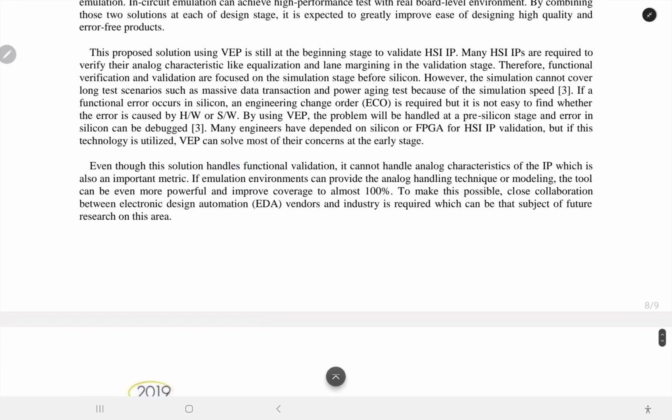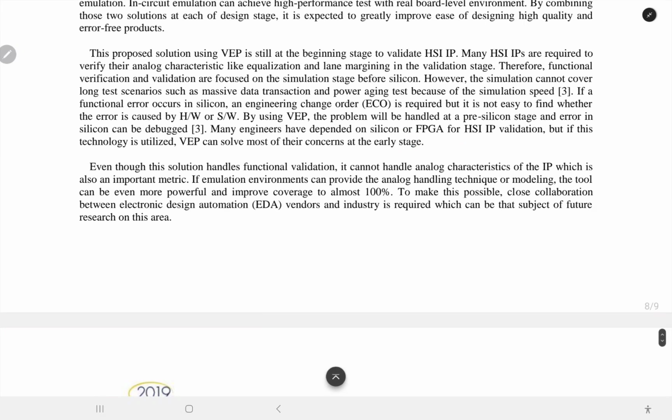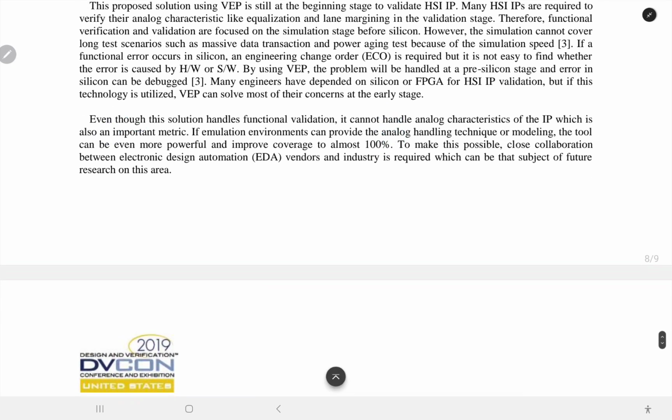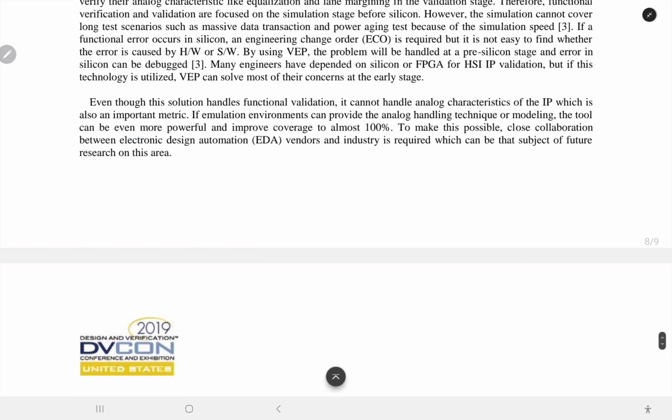Many engineers have depended on silicon or FPGA for HSI validation, but if this technology is utilized, VEP can solve most of their concerns at the early stage. Even though this solution handles functional validation, it cannot handle analog characteristics of the IP, which are also an important metric.